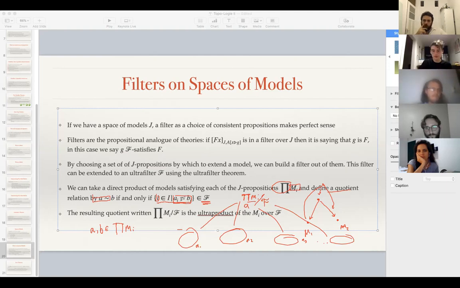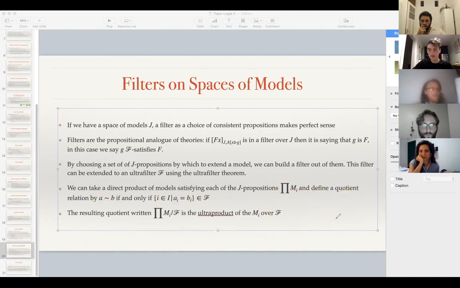So the ultrafilter decides, when I take a product of a bunch of these models, basically how to glue them back together so that they're globally consistent.